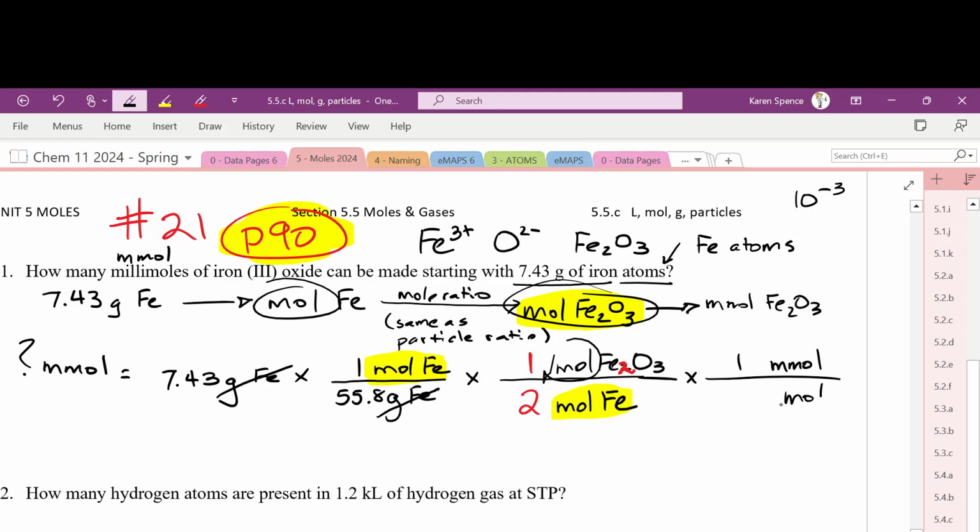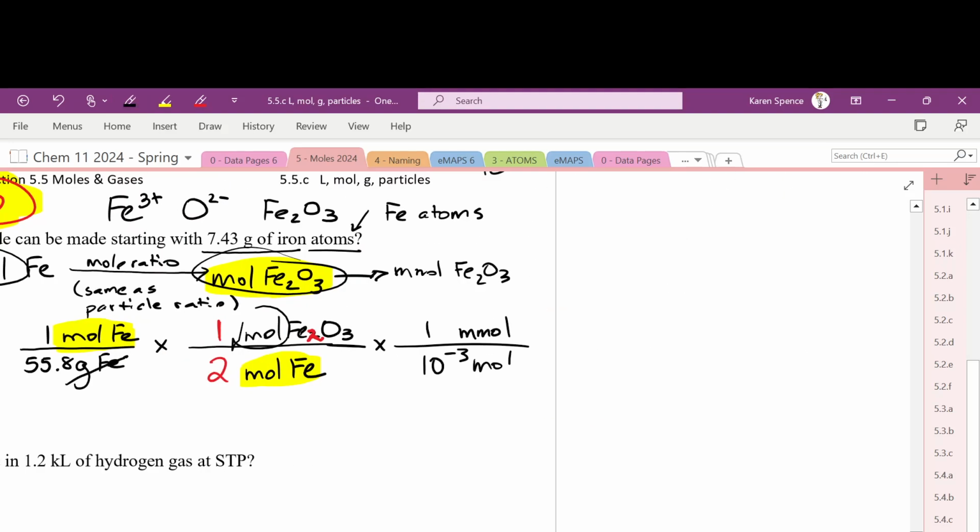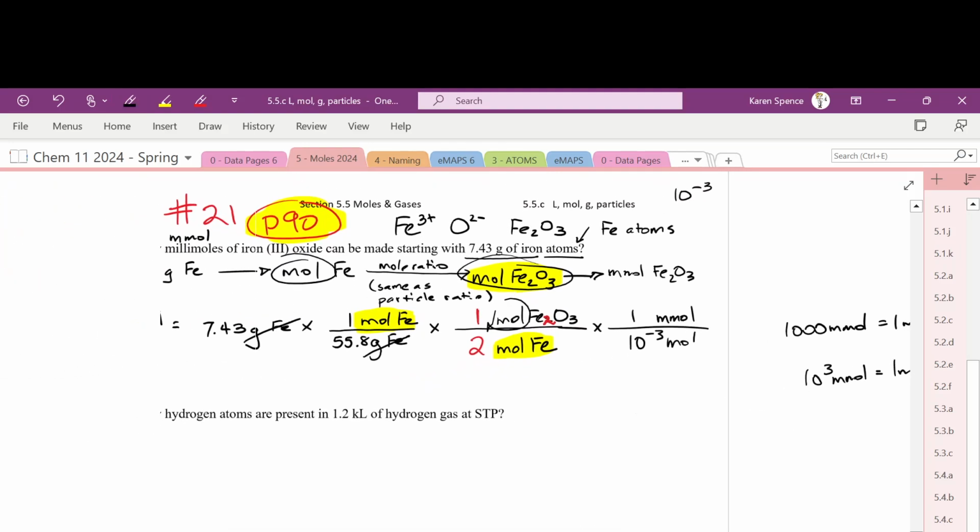Okay, never mind. The one goes with the mole, but if you're using 10 to the negative 3, you're going to go that way. You could also use this conversion factor, 1,000 millimoles is equal to 1 mole if you prefer that. Yes? I don't care what format you use, or you could use 10 to the 3 millimoles is equal to 1 mole, whichever one makes the most sense to you.